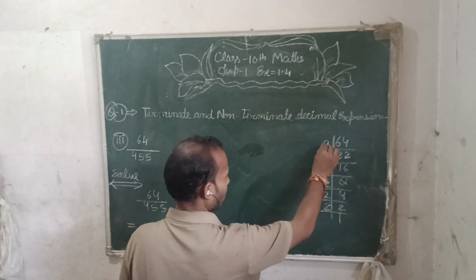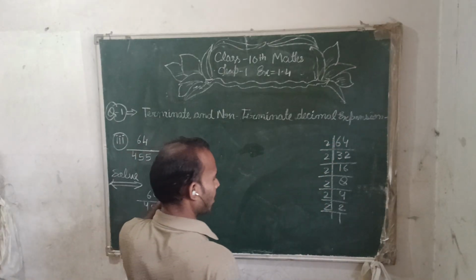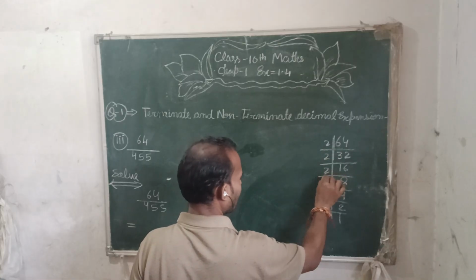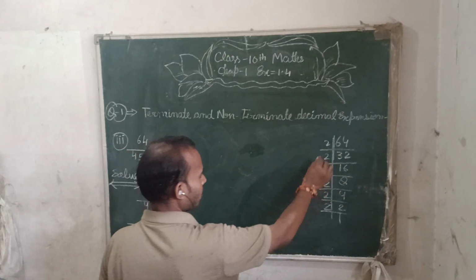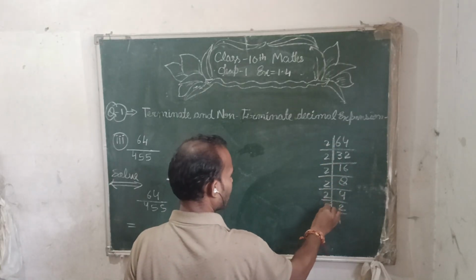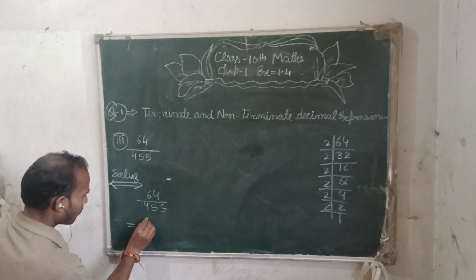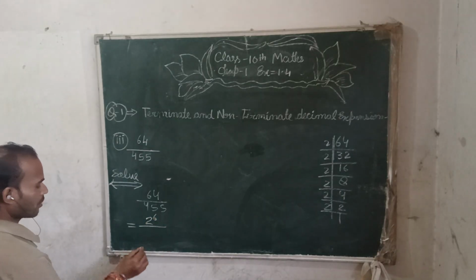Now see here, 2 repeats 6 times as a factor: 1, 2, 3, 4, 5, 6. So 64 can be written in the form 2 to the power 6.